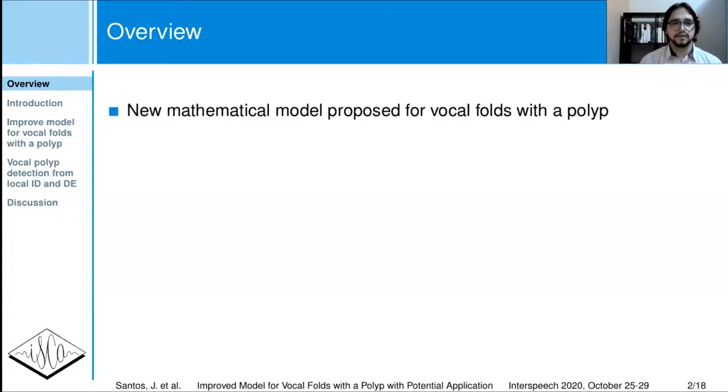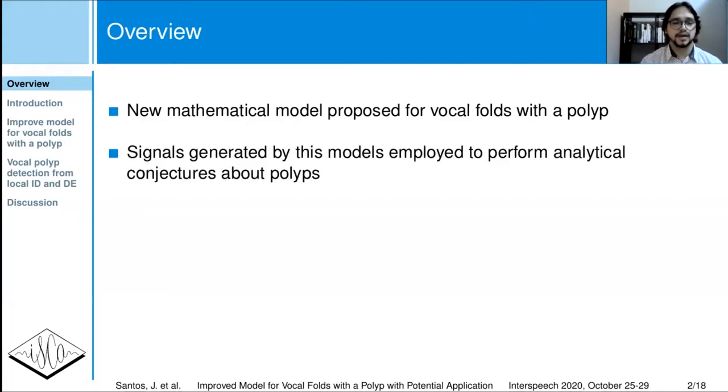To give a brief overview of the presentation, in this paper we proposed a new mathematical model for vocal folds with a polyp. With this model, we generated some samples and employed them to perform some analytical conjectures about polyps and what happens in the presence and in the absence of polyps.